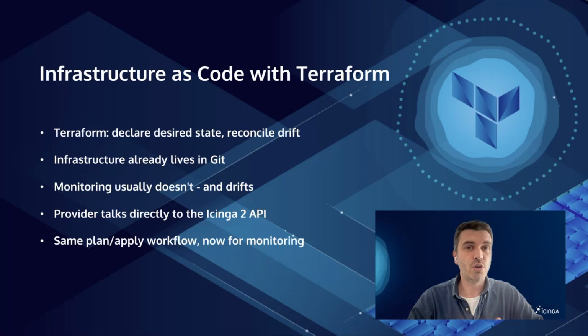This may be virtual machines, network, databases, or a DNS record, and Terraform talks to whatever provider sits behind that resource. That could be AWS, Azure, GCP, VMware, GitHub, Cloudflare, and many others. It then makes the real world match what you have written down. If something has drifted from your code, Terraform plan shows you the difference, and Terraform apply reconciles it.